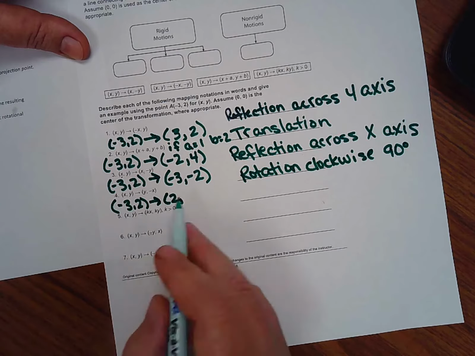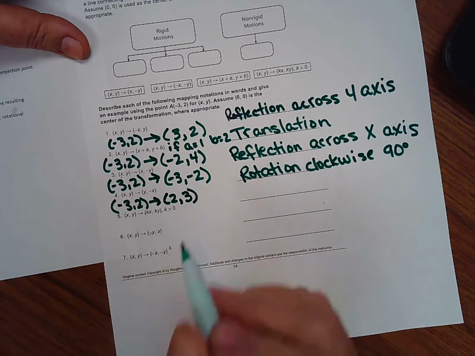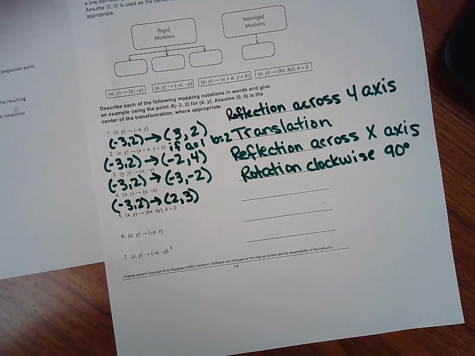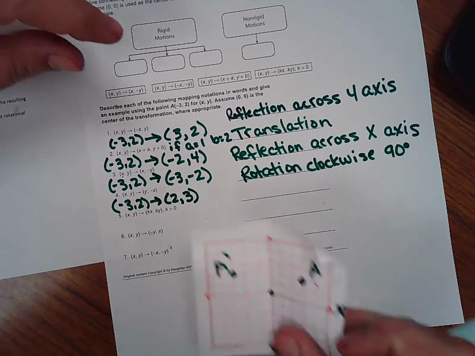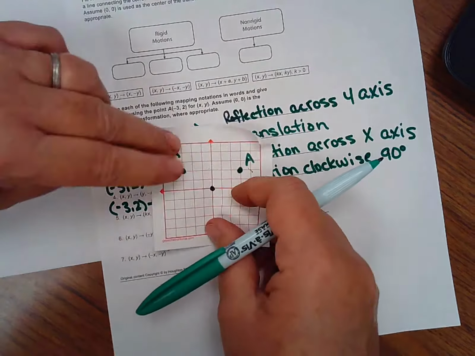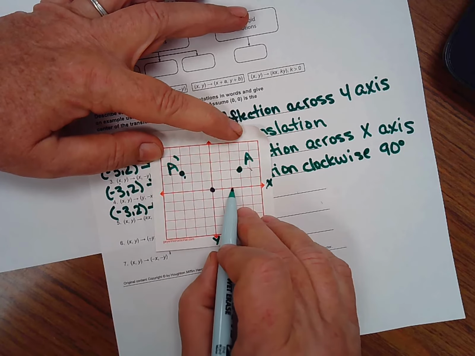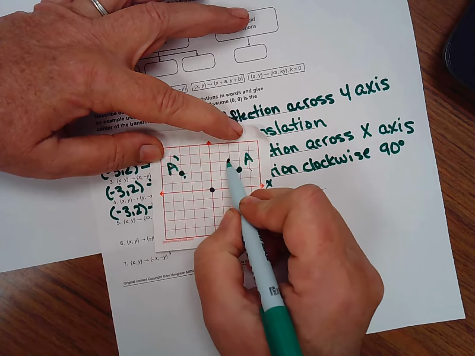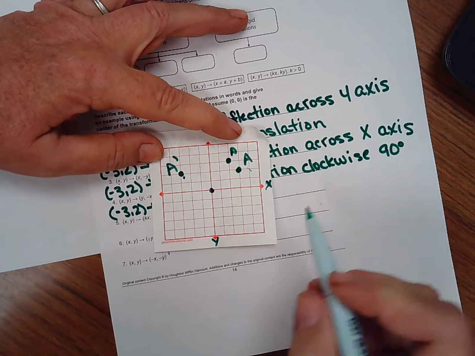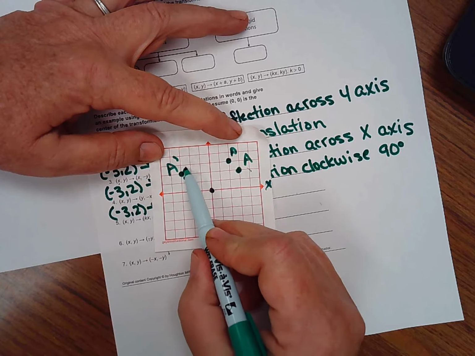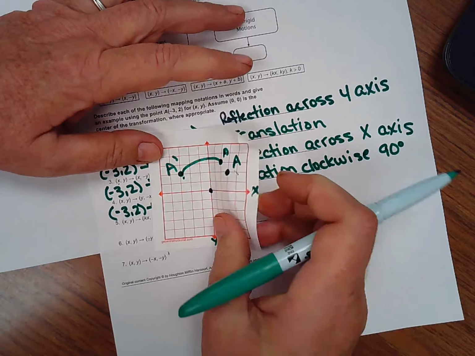So the negative of -3 is +3. So to rotate clockwise, it goes from -3, 2 around to 2, 3. -3, 2 is this one, and it rotates around to 2, 3. So that's the new one for this rotation.